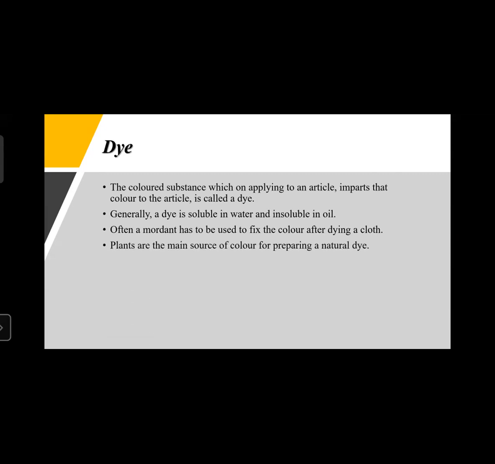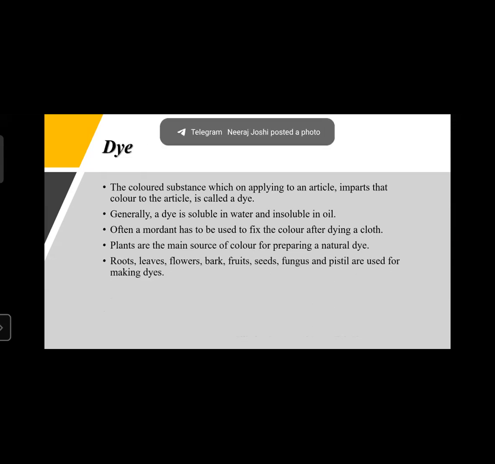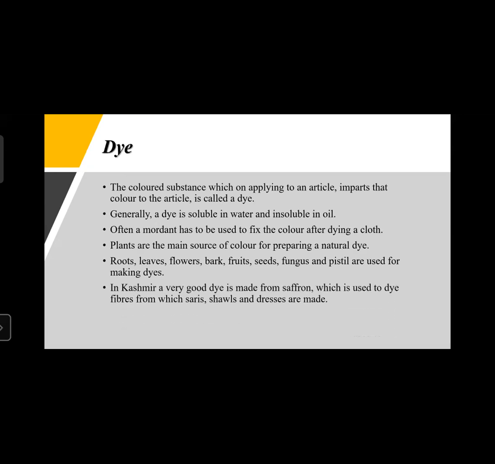The plants are the main source of color for preparing natural dyes. Roots, leaves, flowers, bark, fruit, seeds, fungus, and pistils are used for making dyes.